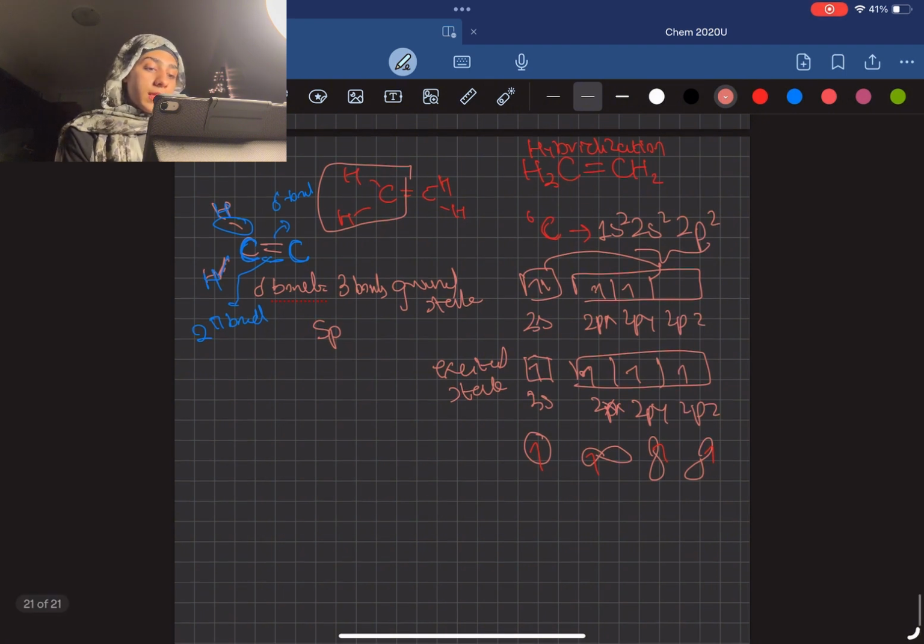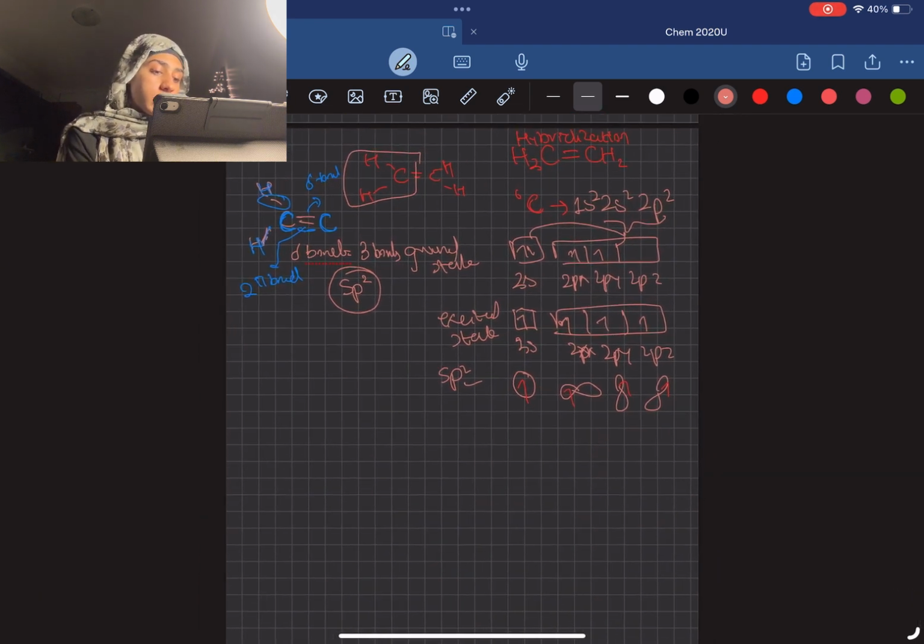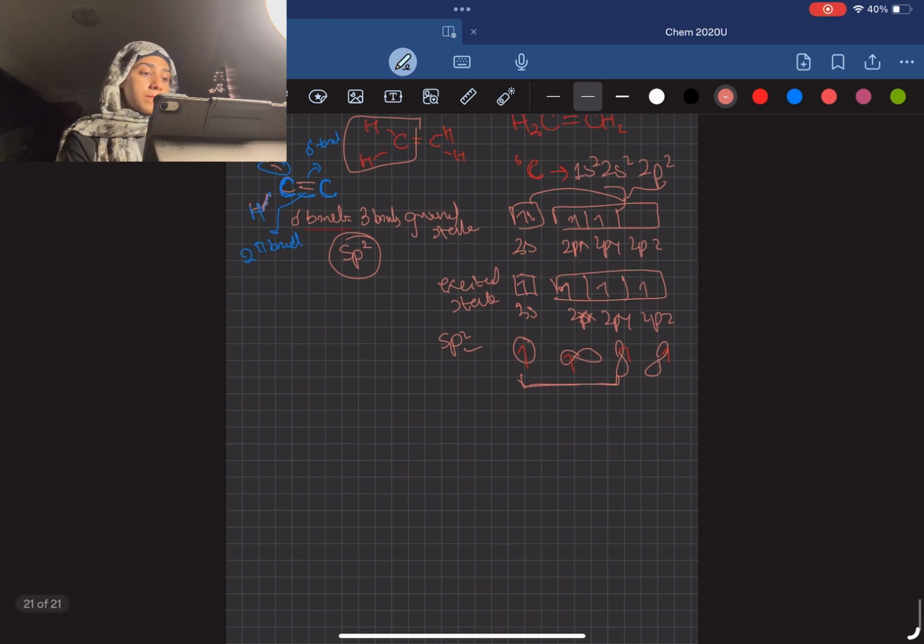Because it's sp2, I would know that sp2 means I have 2 of my p orbitals and 1 s orbital. So I can just easily use these front 3 over here.